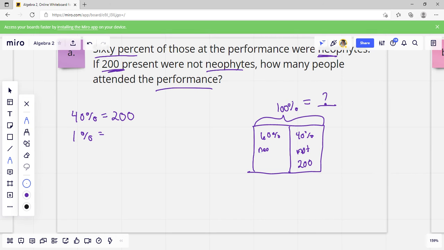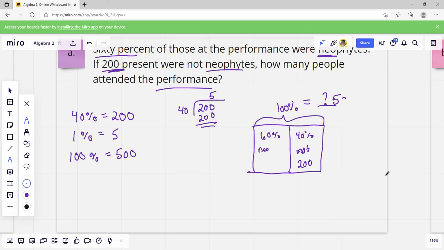So we just say 200 divided by 40 to get 1%. 8 times 4? No. Let's see. 4 times 5 is 20, so that'd be 0. Yep, so 1% is 5. And then to get 100%, we just multiply times 100, which would be 500.